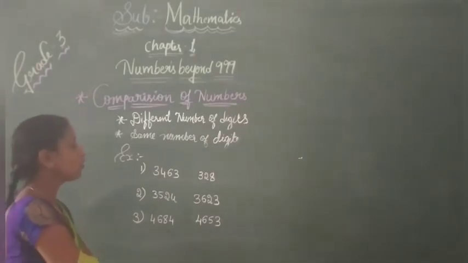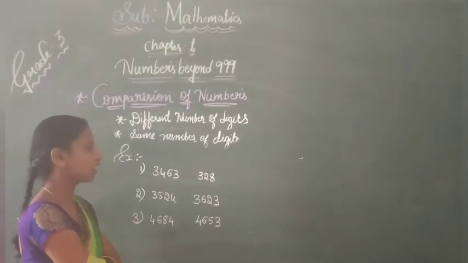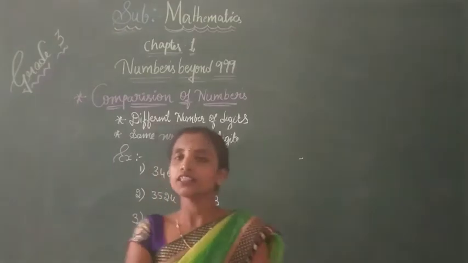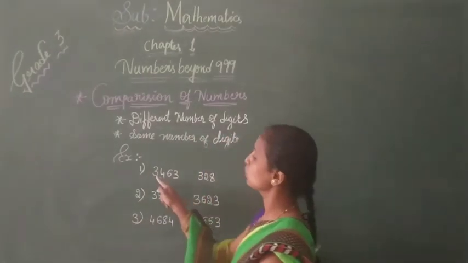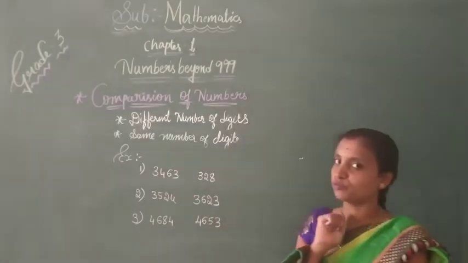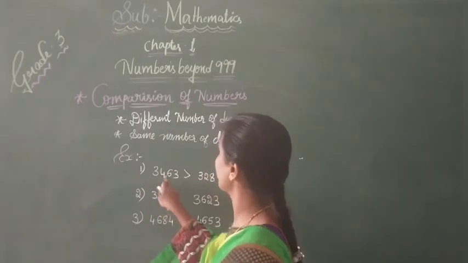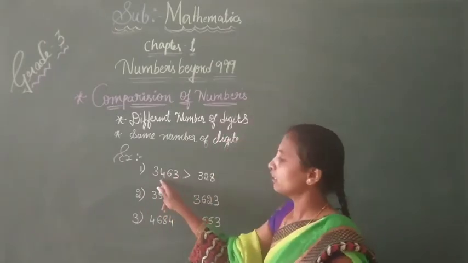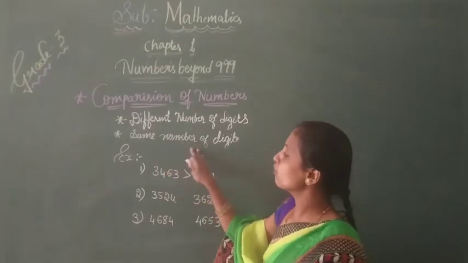Look how you tell which number is greater. Here, 3463 and 328. Here is a thousands place, and here there is no thousands place. So which is greater? This one, because it is a different number of digits. And these two examples are for the same number of digits.